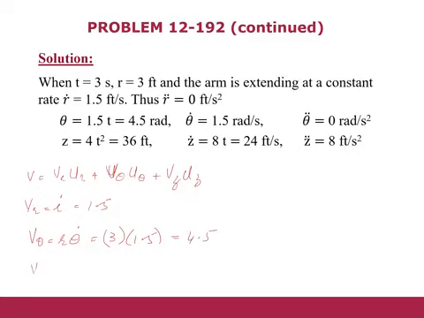Similarly vz will be z dot, so z dot is 24 feet per second, right?